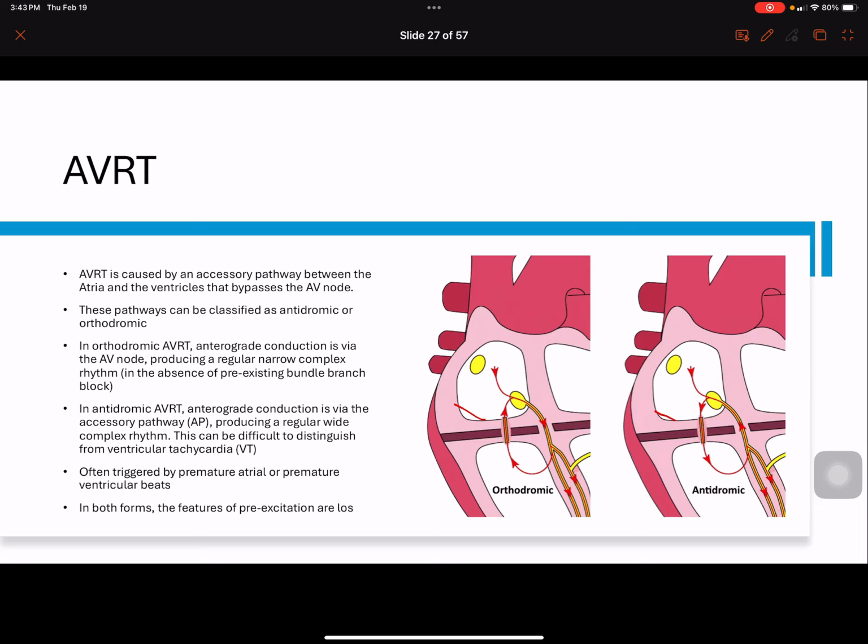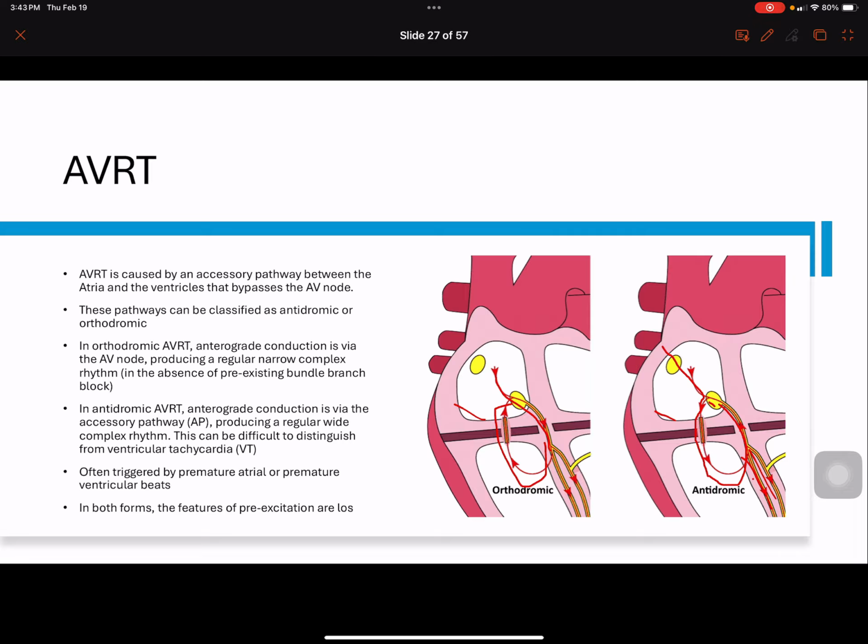And there are 2 types. We have a pathway where we can go down through the AV node and up the accessory pathway and then re-stimulate the AV node. And that's called orthodromic. And then we can have antidromic, where we get this pathway that goes down, bypasses the AV node, and then retrograde stimulates the AV node this way, but then stimulates down this way.